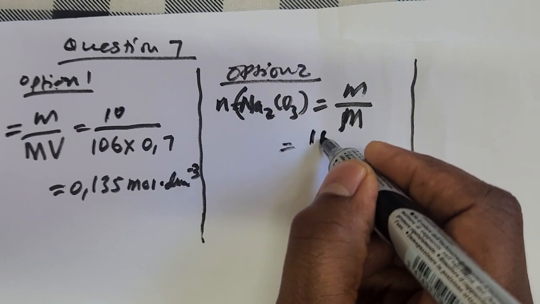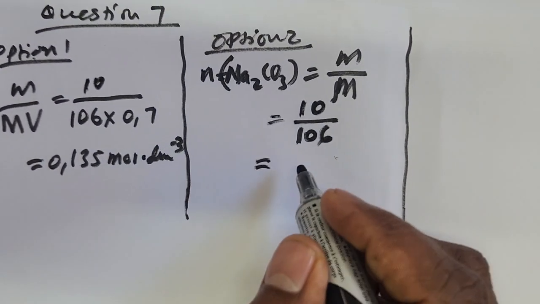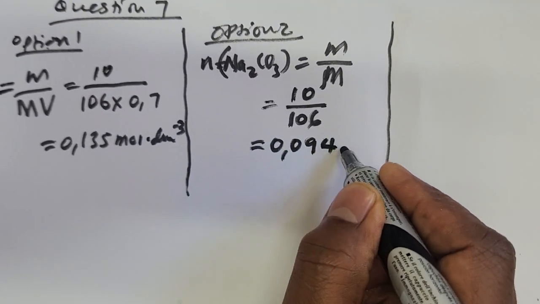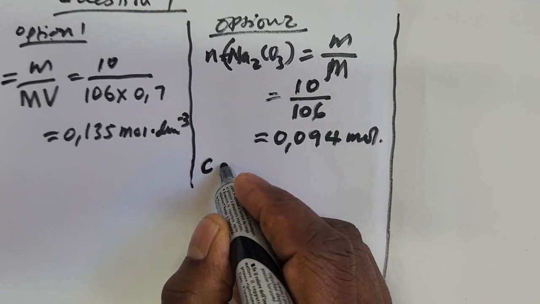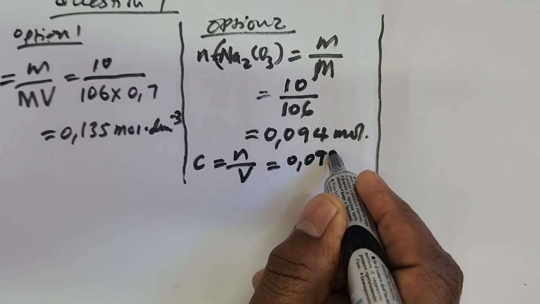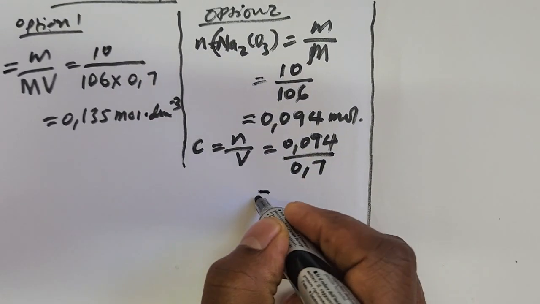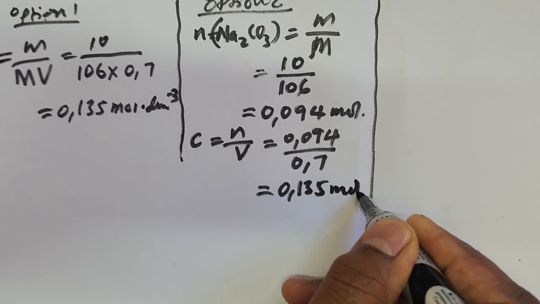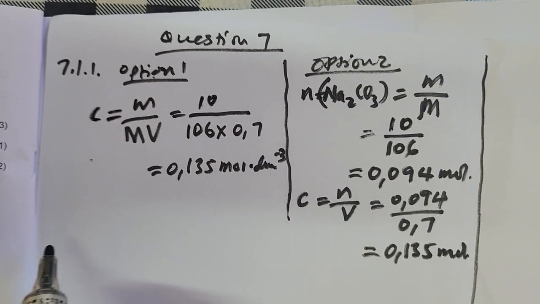This gives you 10 divided by 106, which gives 0.094 mole. Then with the moles I can find the concentration, which is 0.094 divided by 0.7. Therefore you get the same 0.135 mole per dm cube. Yeah, that is the second option.